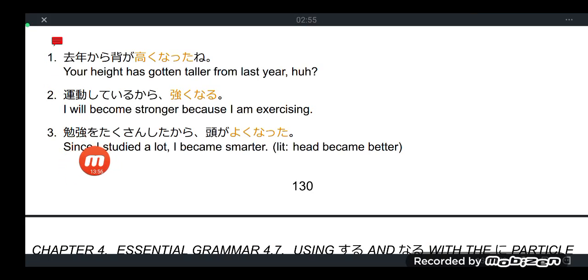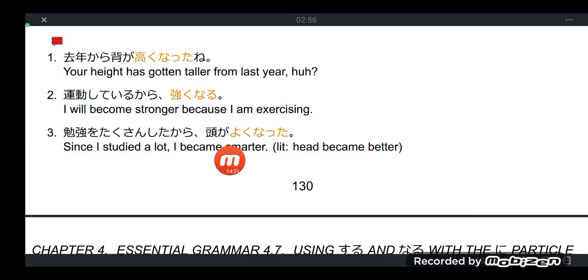Okay, example number 3. 勉強をたくさんしたから頭が良くなった。Since I studied a lot, takusan is a lot. Since I studied a lot, I became smarter.